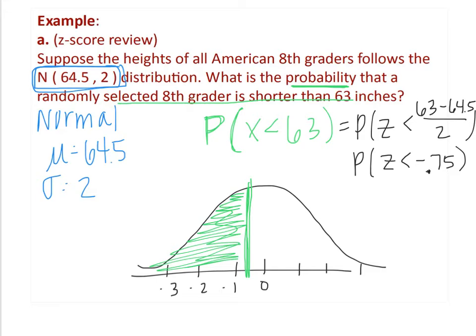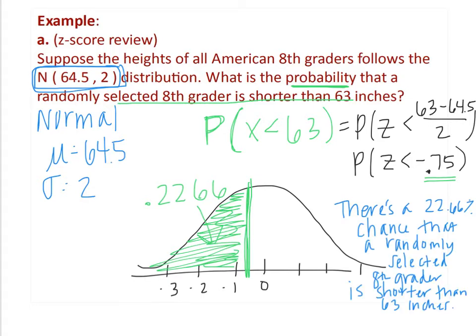When you go to your normal curve, or your table A, and you look at where z is negative 0.75, you find that area to be 0.2266, or in other words, there is a 22.66% chance that a randomly selected 8th grader is shorter than 63 inches.